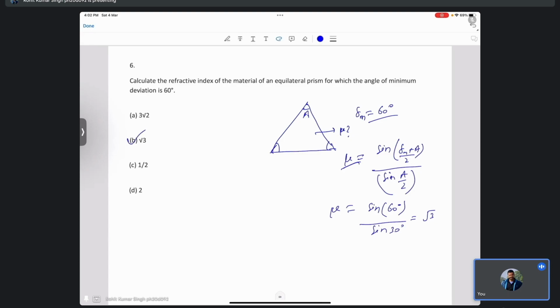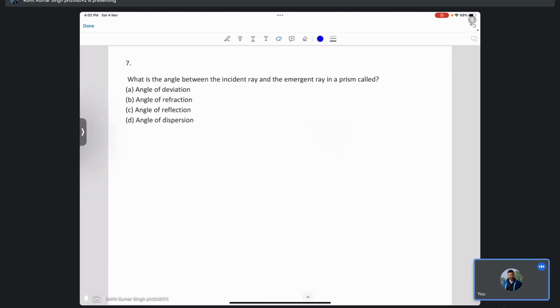Refractive index will be under root 3. Okay, this was a very simple problem. Okay, the next problem. What is the angle between the incident ray and the emergent ray in a prism called?